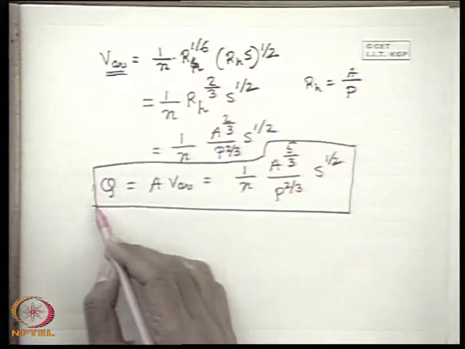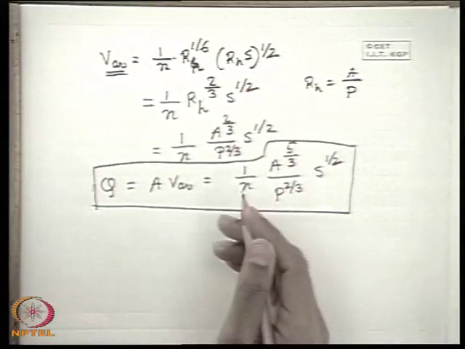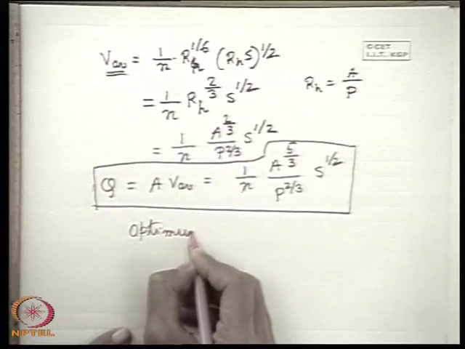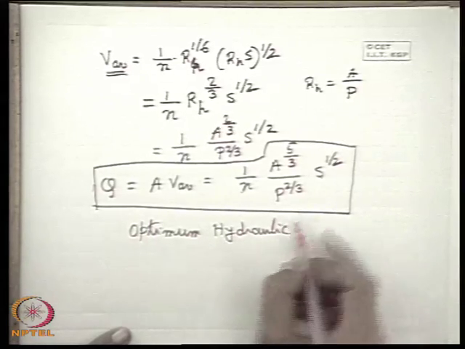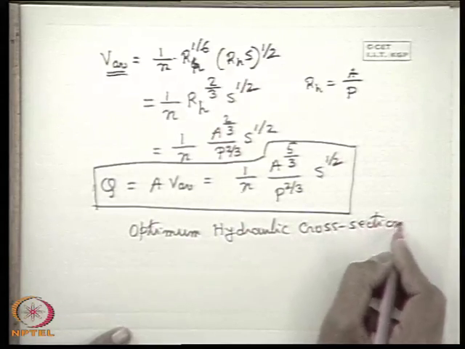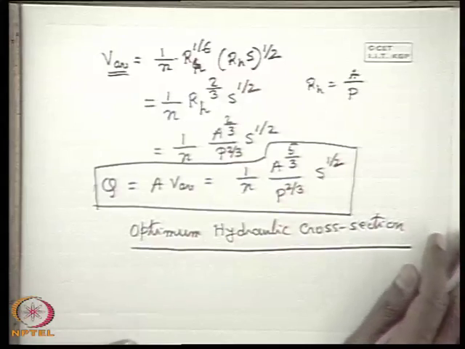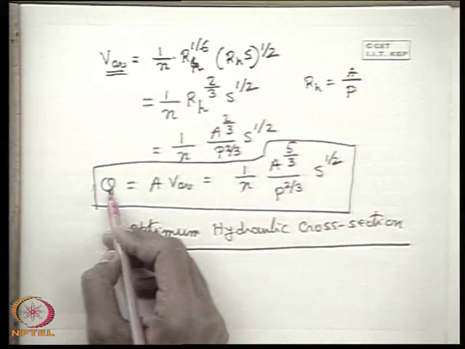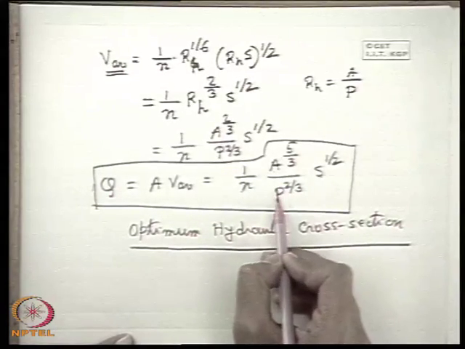One important application of this formula in the design of artificial canals is optimum hydraulic cross section. What is this optimum hydraulic cross section? It is the cross section which gives, for a given cross sectional area, the maximum discharge, or for a given discharge and given cross sectional area, the minimum perimeter.